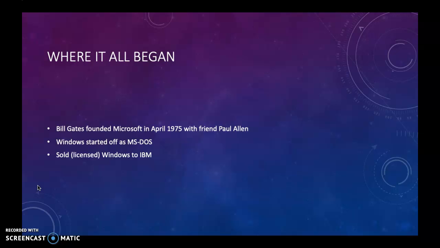At this time, they were still attending Harvard University, and Windows first started off as MS-DOS, and eventually they would go on to sell. And what I mean by sell is I really mean licensed the operating system to IBM to better compete with Apple and their operating system.